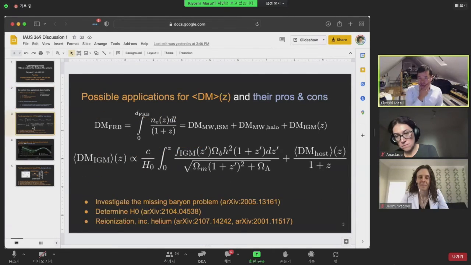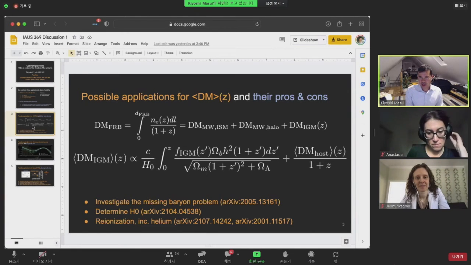Great. So the first thing we wanted to talk about was the DM versus z. We heard a lot about this today, in the context of the Hubble parameter. There's a bunch of discussion about this on Slack already today. We have this very nice 10 to 15% measurement of the Hubble parameter that comes from the second equation here, where the DM that we observe should be inversely proportional to the Hubble constant.